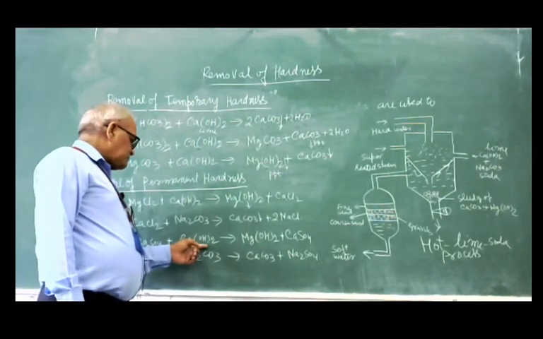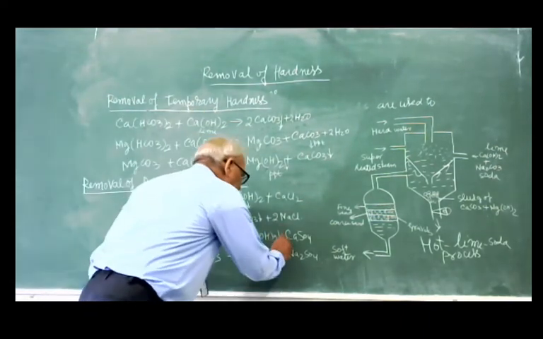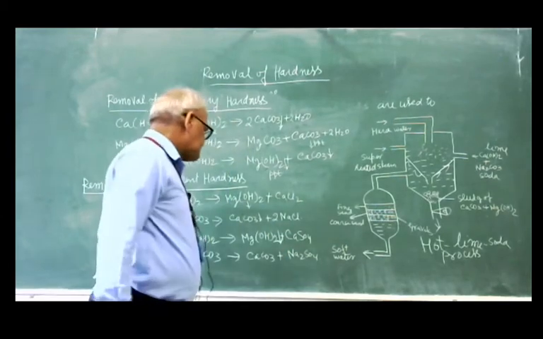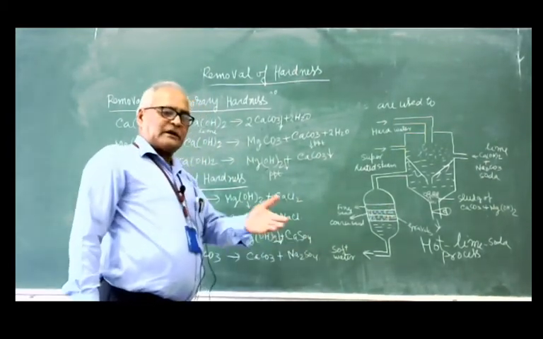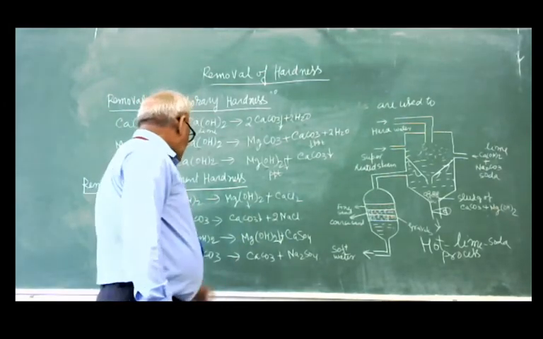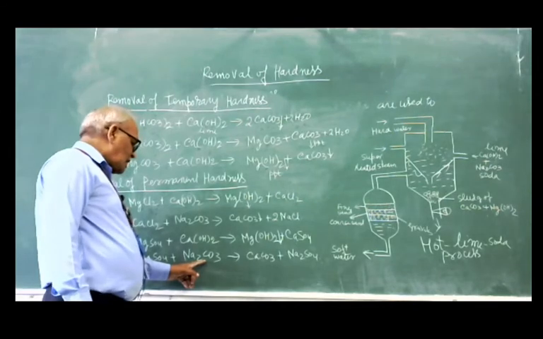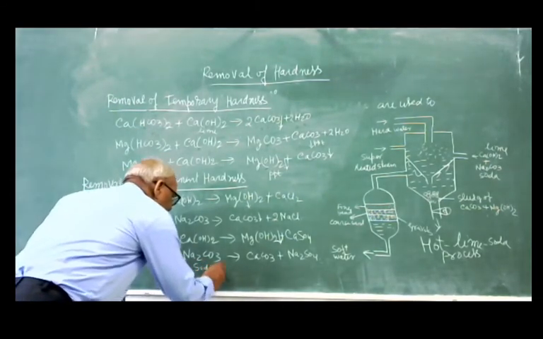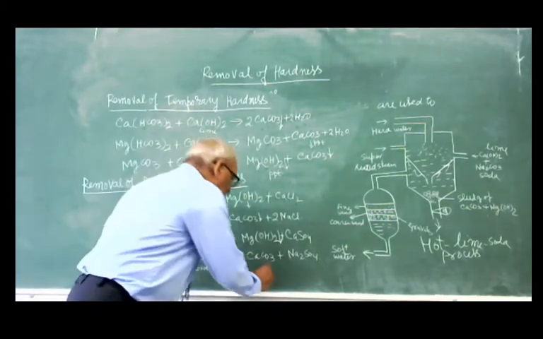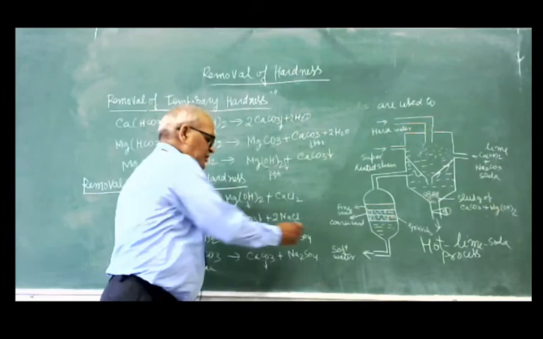It will create permanent hardness. Add lime, and you will get magnesium hydroxide, which will settle down. Calcium sulfate will be formed, and you know calcium sulfate is soluble. So again calcium sulfate will react with soda, and it will give calcium carbonate precipitate and sodium sulfate.